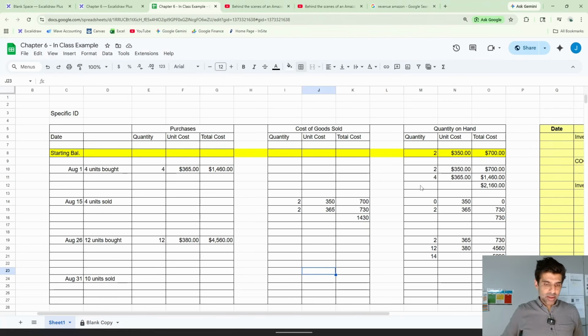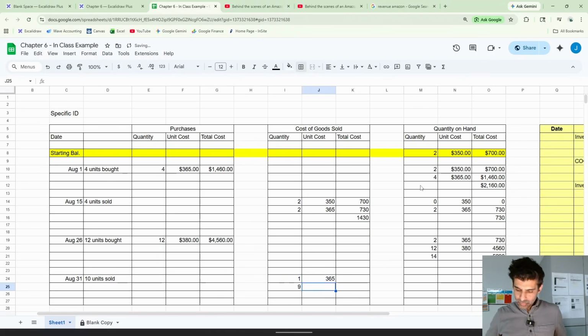Okay, and then I sold 10 units. Now again, since we're using specific identification, we're going to have to know exactly how much of each one. So maybe we sold 1 of the 365 and then 9 of the other one. And again, I know this because I'm tracking each unit individually.